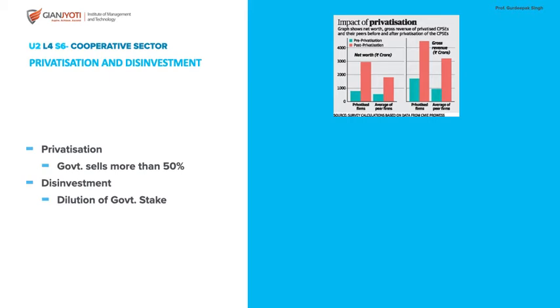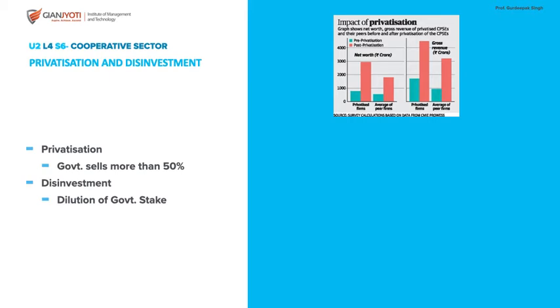So let us look at the impact of privatization. We take the figures in 2020 for the last 10 years. This data has been taken for the central public sector enterprises.